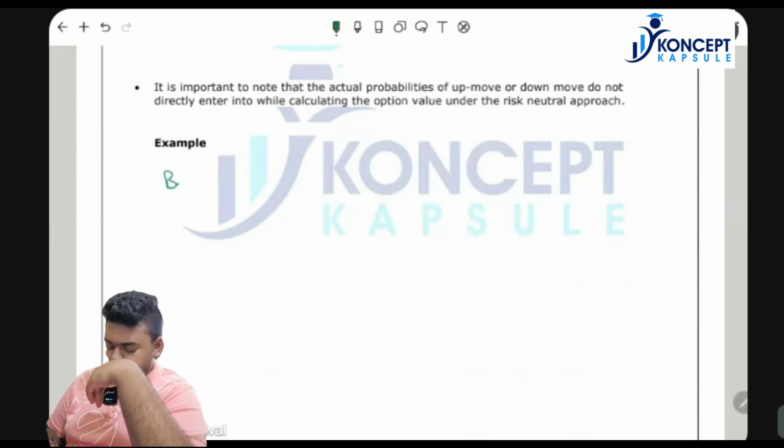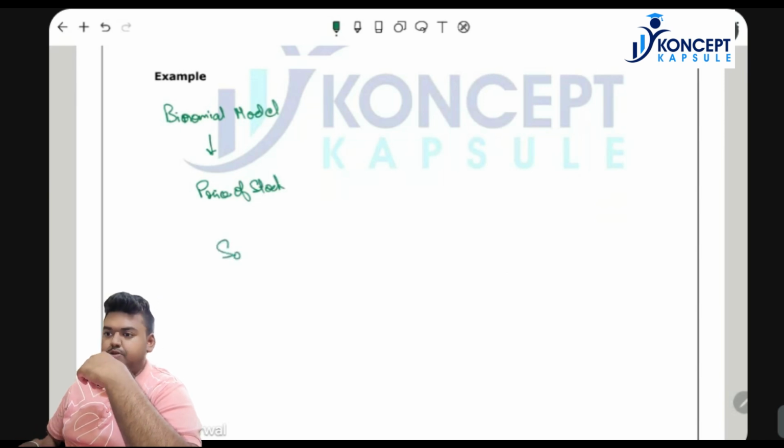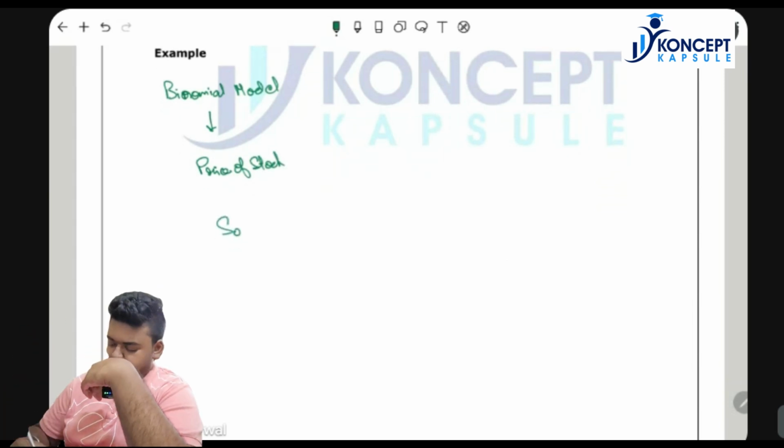Binomial model, what it is saying. The binomial model says that the price of a stock, let us assume S0, has only two paths.